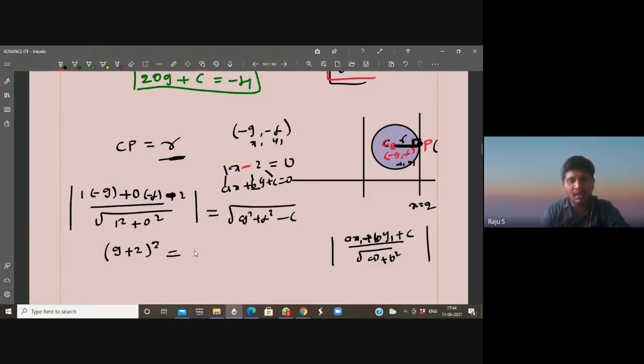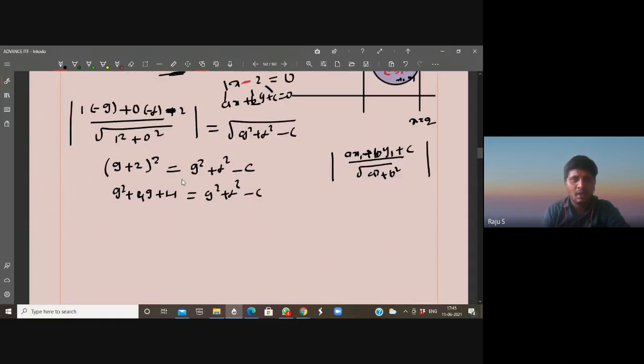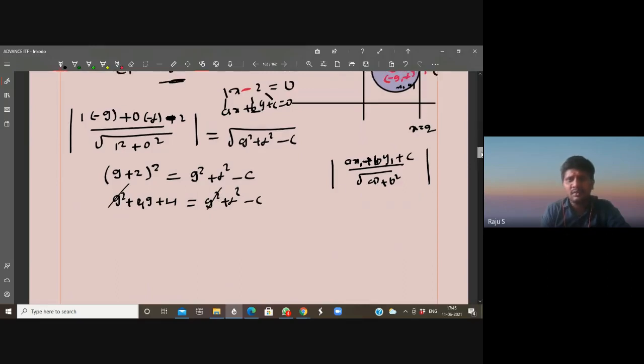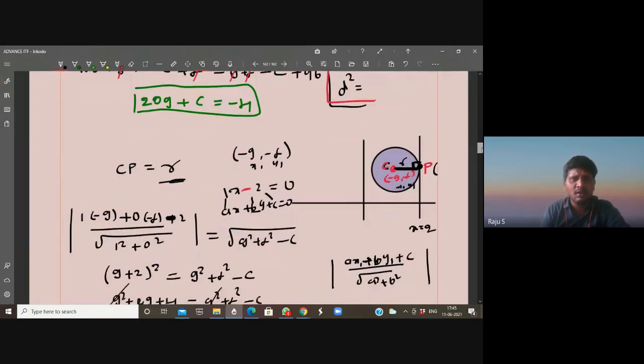Squaring on both sides, we are going to get g square plus f square minus c. So here g square plus 4g plus 4 is equal to g square plus f square minus c. Am I right? Now here g square gets cancelled. Okay, students, what is the equation we got over here?